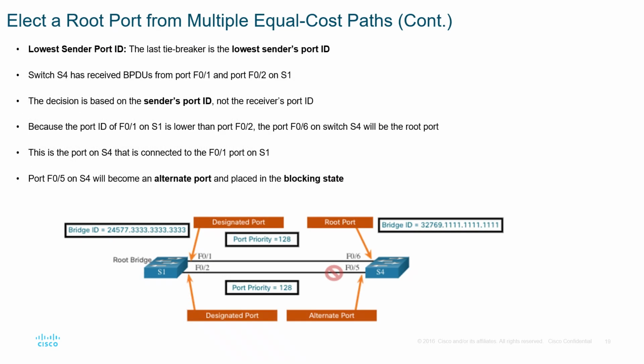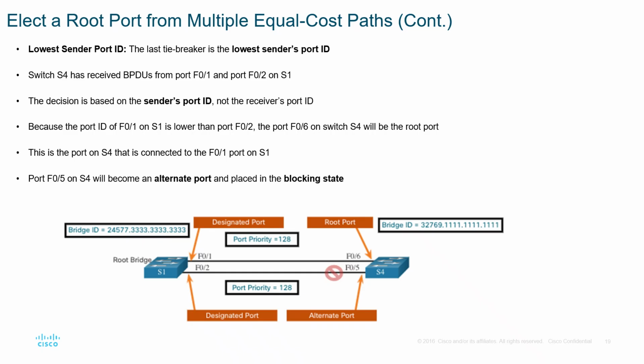The last tiebreaker is the lower sender's port ID. As you can see, again, S1 has 24577 as its beginning point. S4 has received BPDUs from ports F01 and F02 on switch 1.